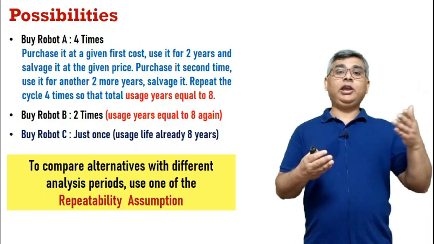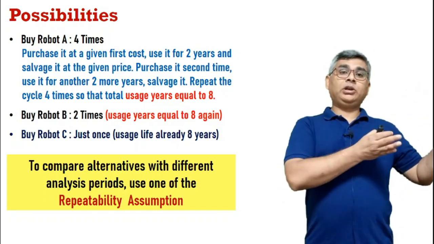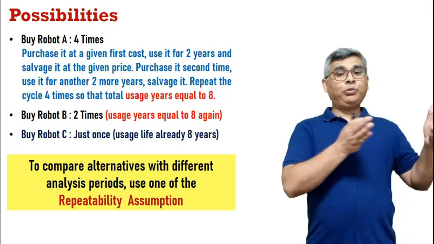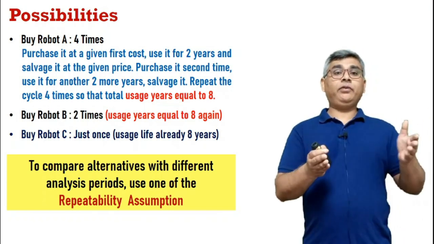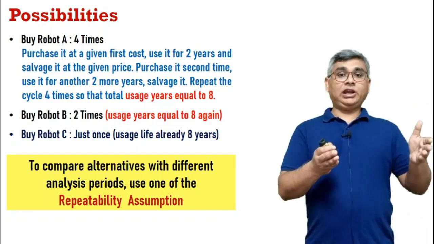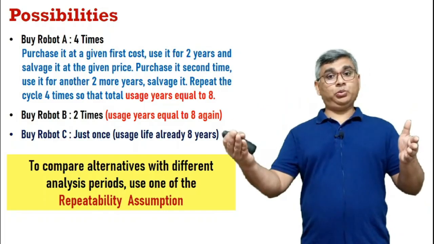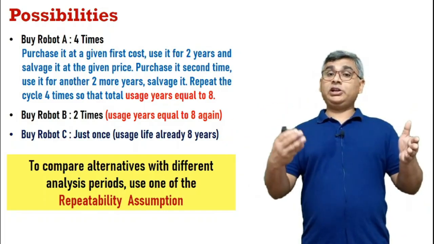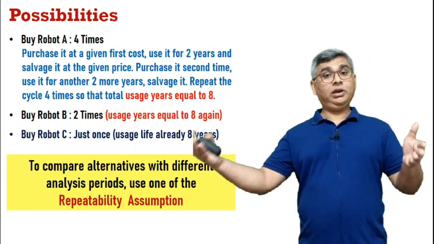If we are studying the cash flows for robo A up to 2 years, the same will be repeated when we purchase it again at the end of the second year and use it for another 2 years. Similarly, at the end of 4 years, we purchase it again and the same cash flow is repeated.